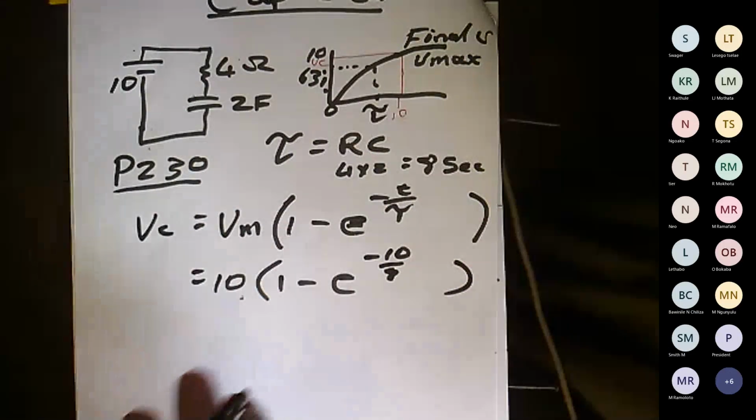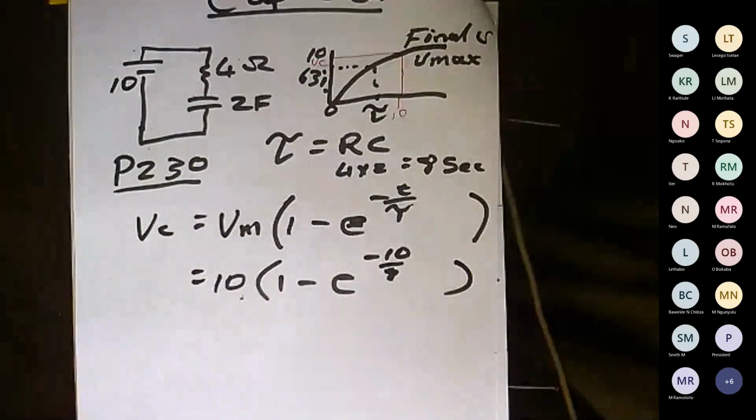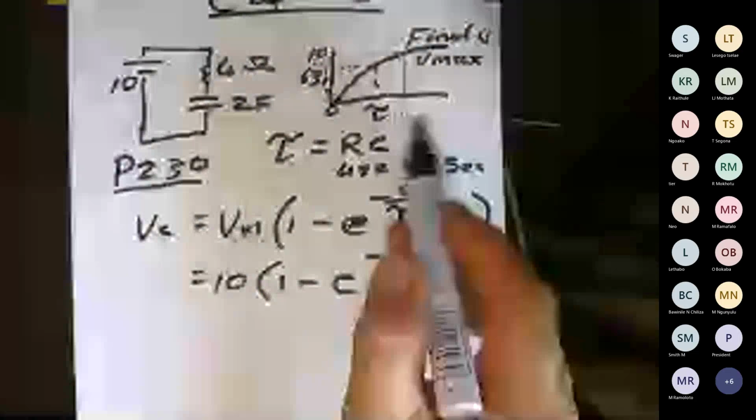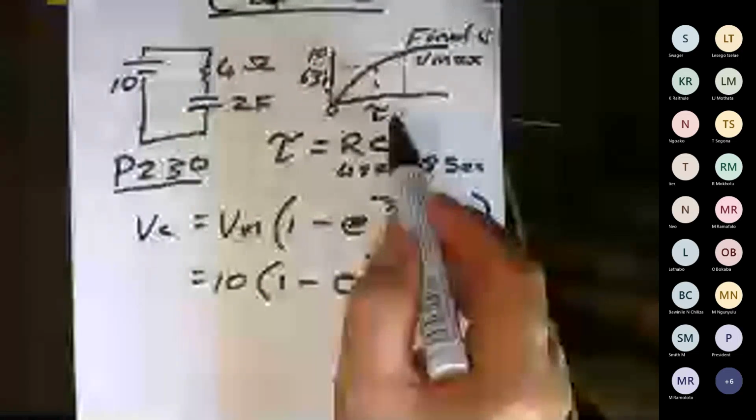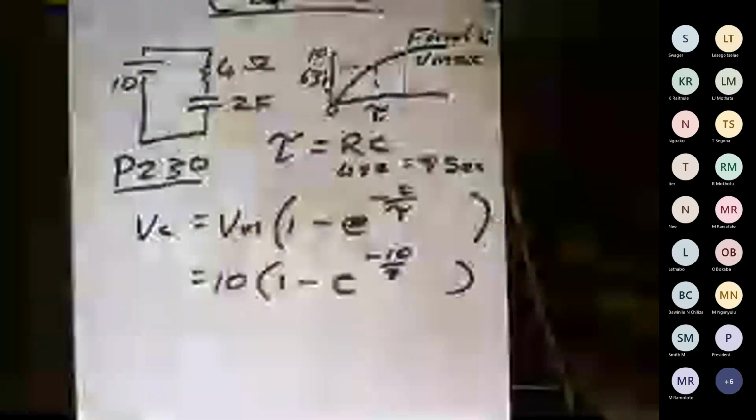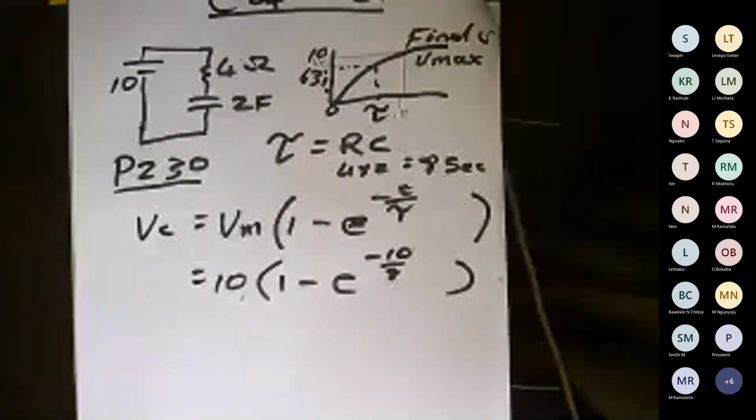So guys, can you calculate this and give me the answer? Do it in class now. I'm giving you a little time. Calculate for me what the charge voltage is at this 10 seconds delay. What is the voltage there at that point? I'll give you guys 2 minutes to do it. Plug it in your calculators.